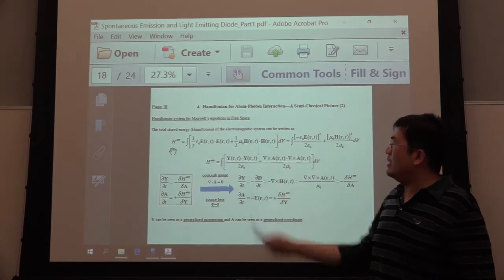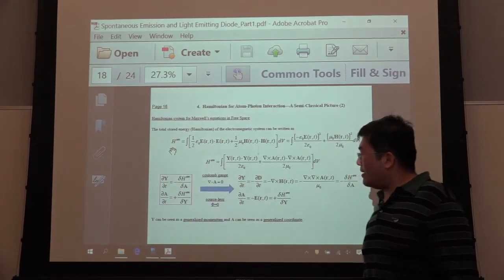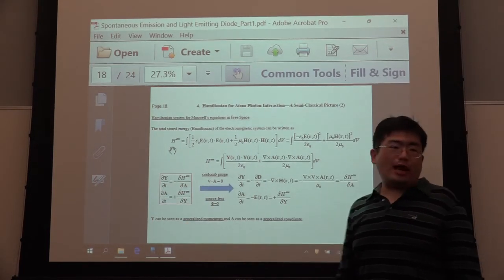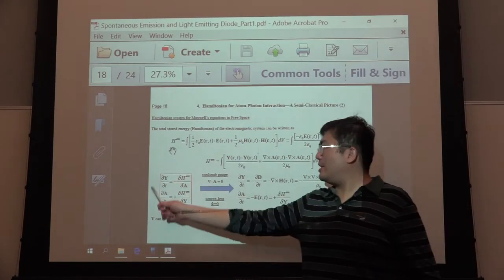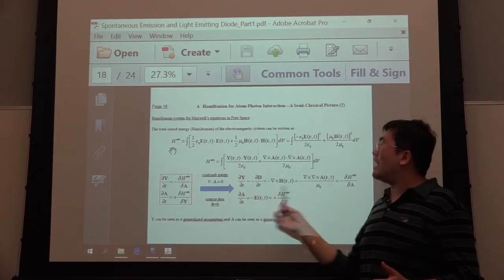I use the same trick: I see that the flux is the momentum and A is the coordinate. So everything satisfies the same relationship, and then I do a little bit of mathematical derivation.